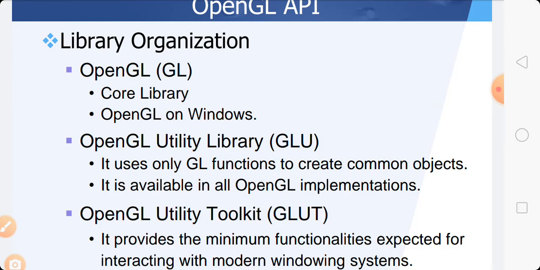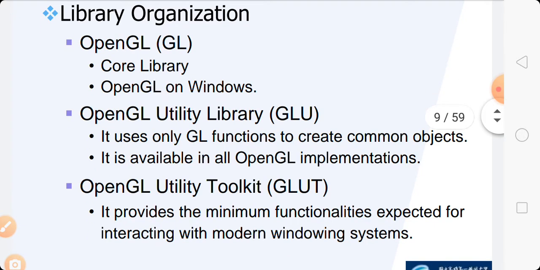OpenGL utility library, that is GLU, open graphics library utility library. It uses only GL functions, meaning graphics library functions, to create common objects. It is available in all OpenGL implementations.